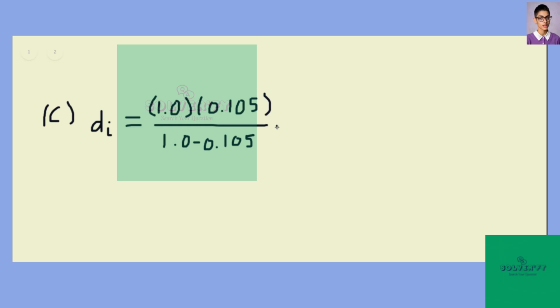And all of this is going to give us units of meters. So carrying out this operation, we find that for part C, the distance to the image is 0.117 meters. And we can go ahead and box that in as our solution for part C.